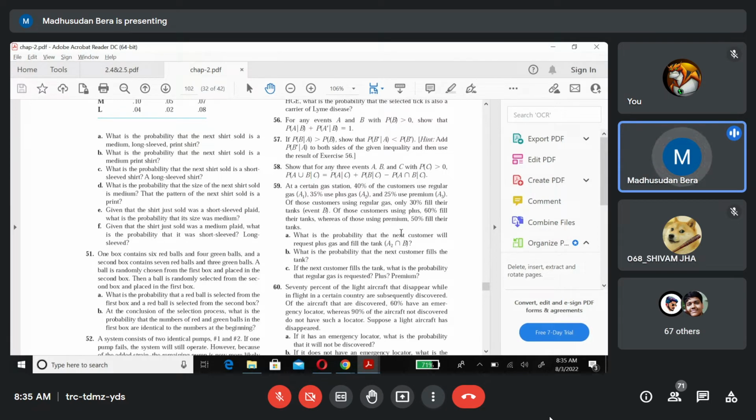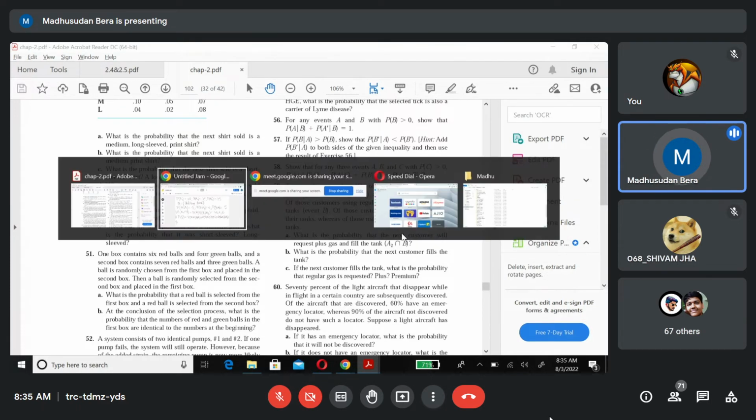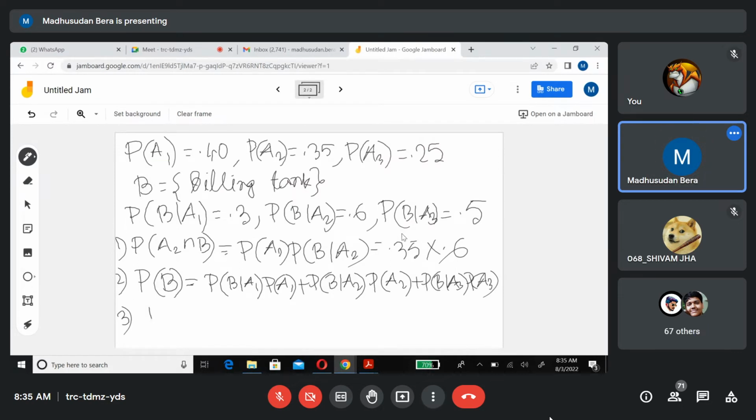So regular gas requested is P of A1 given B. Which theorem will you apply? Bayes theorem. Correct or not? By Bayes theorem it will be P of A1 into P of B given A1 divided by P of B, which is this sum.